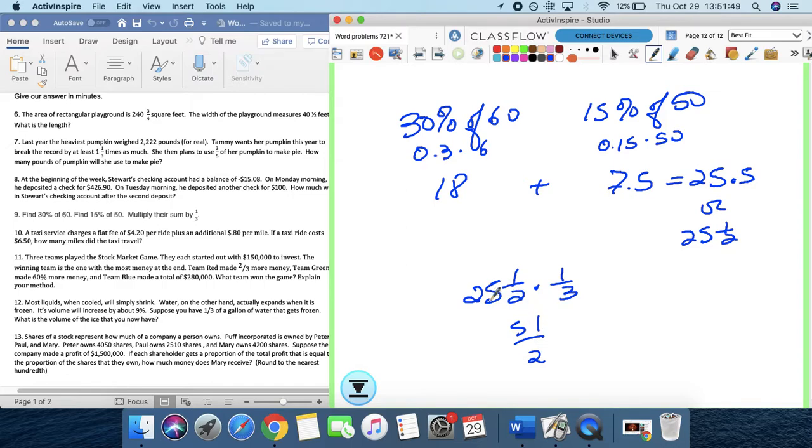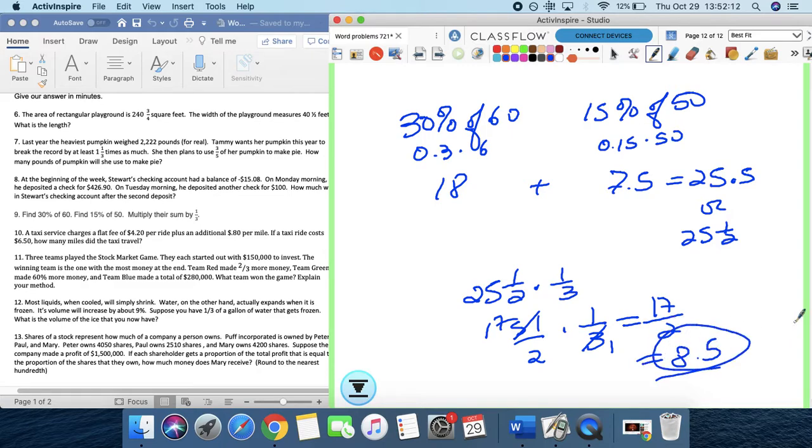Right? 2 times 25 is 50 plus 1, 51, times 1/3, and we're going to get, oh, this simplifies, right? 3 divided by 3 is 1. 51 divided by 3 is 17. And 17 divided by 2, so this becomes this final answer.